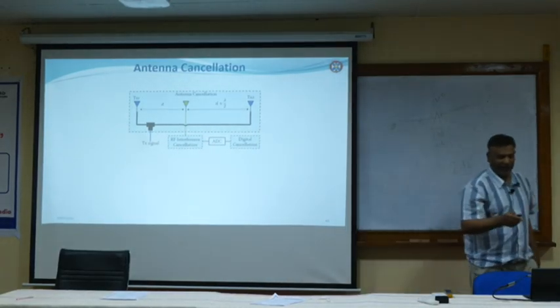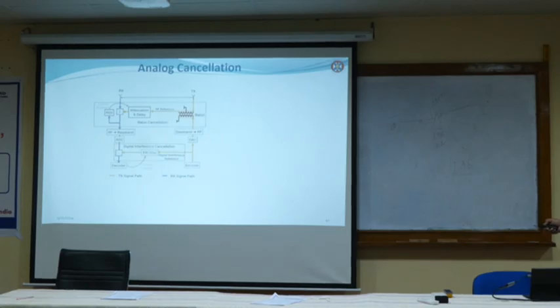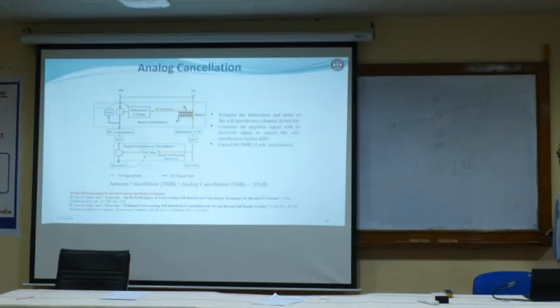People have studied many ways of antenna cancellation. The two transmit signals interfere destructively at the receiver, so the interference will be reduced. This kind of technique people have studied.